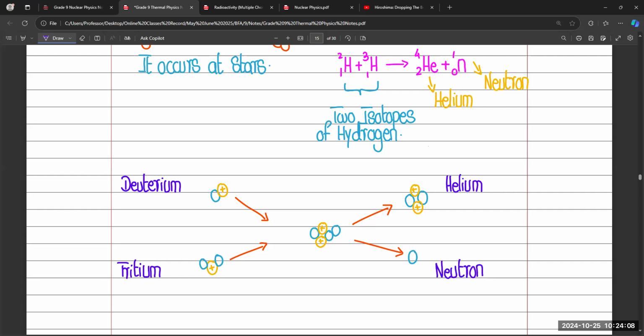Okay. So this is the simple reaction. And in the middle we are getting the fusion reaction, right? So this is the concept of nuclear reaction.